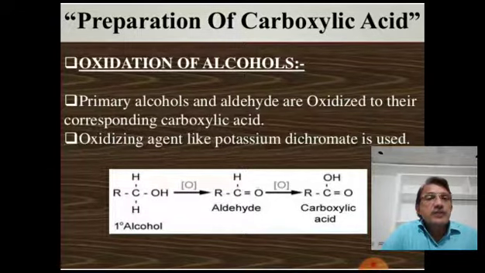So, in this reaction, primary alcohol upon oxidation gives an aldehyde which is further oxidized to carboxylic acid. Potassium dichromate is used as an oxidizing agent. In the presence of potassium dichromate, carboxylic acids are prepared from primary alcohols and aldehydes.